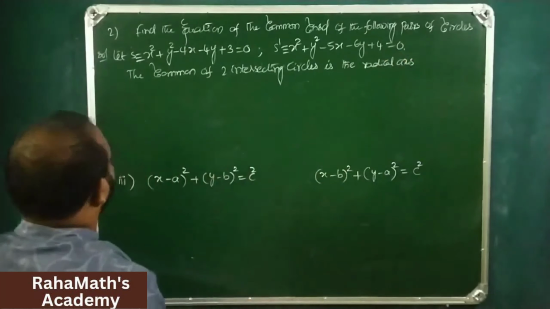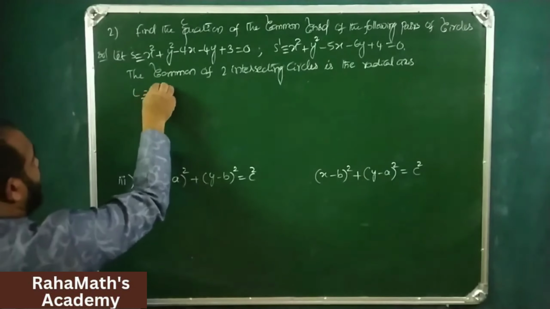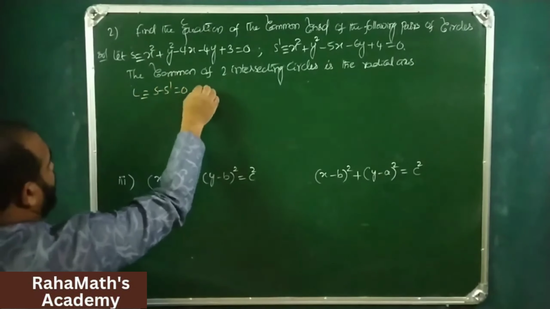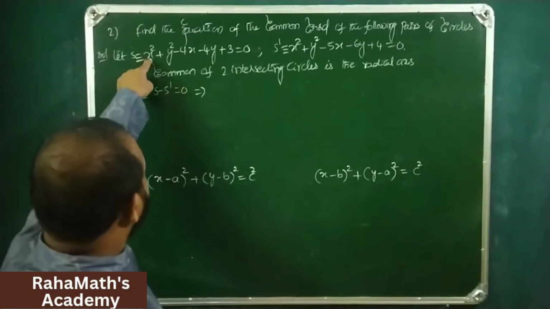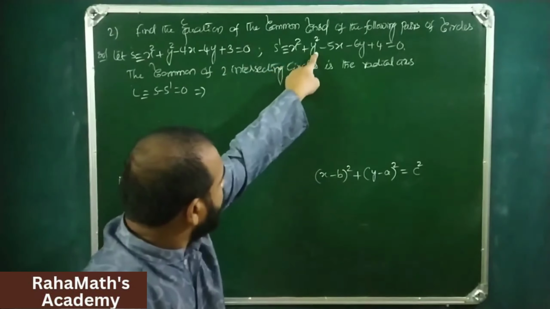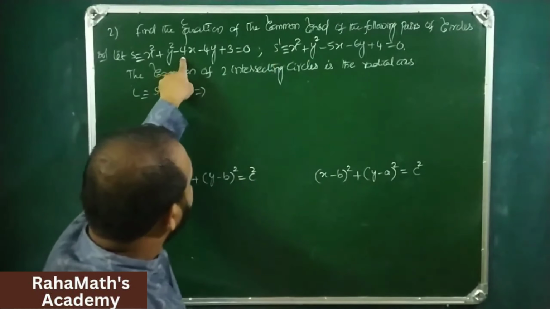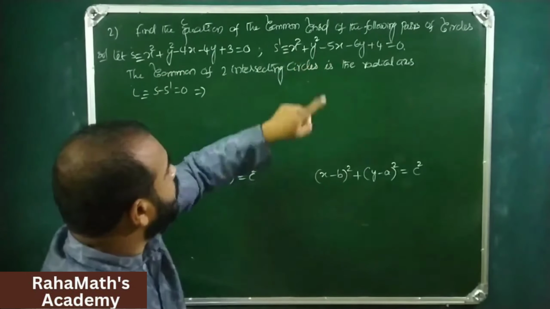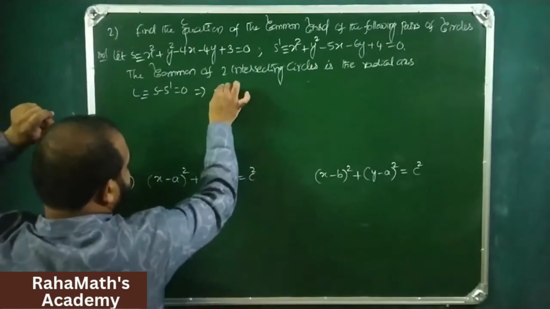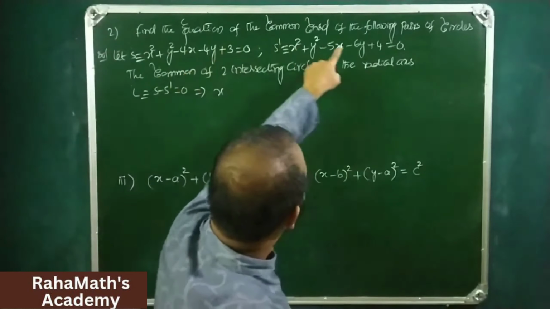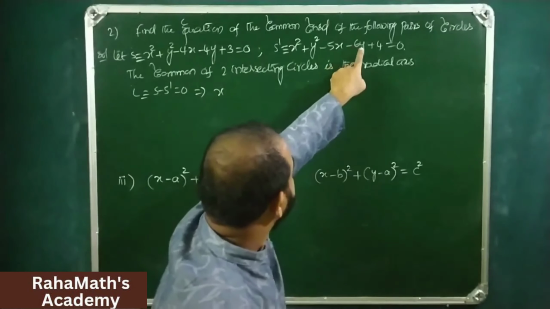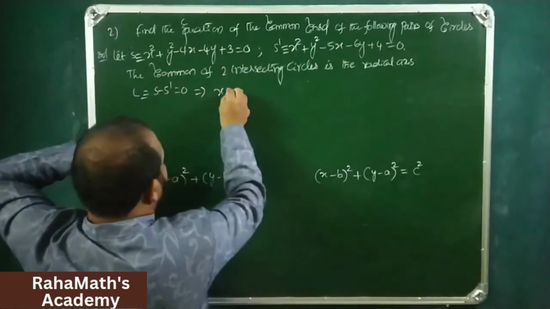That's why the radical axis S minus S dash equals 0 is x square plus y square minus x square plus y square gets cancelled. Minus 4x minus of minus, so plus 5x, minus 4x is x. Minus 4y minus of minus, plus 6y, minus 4y is 2y.